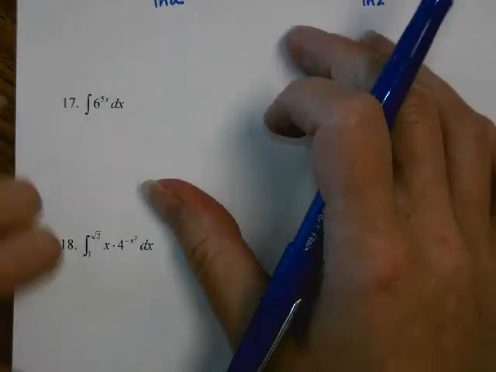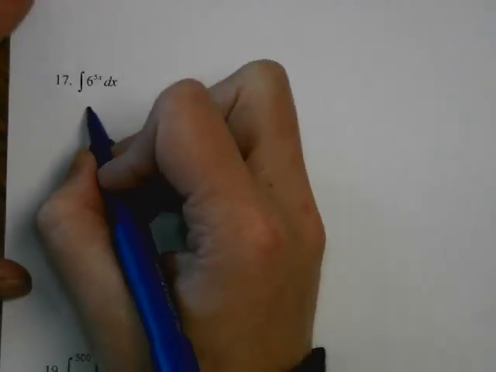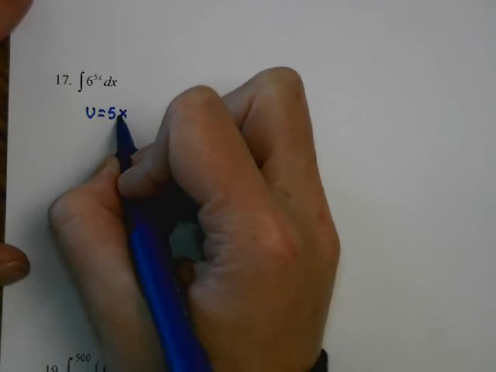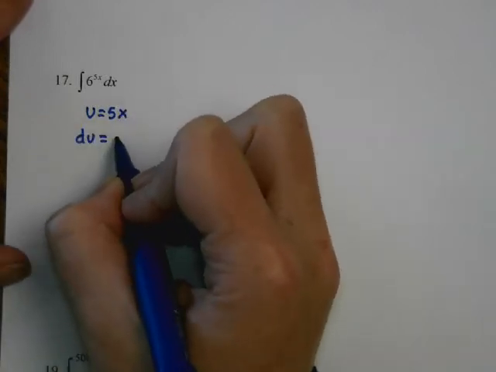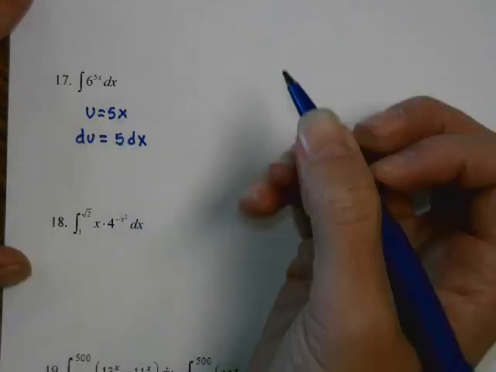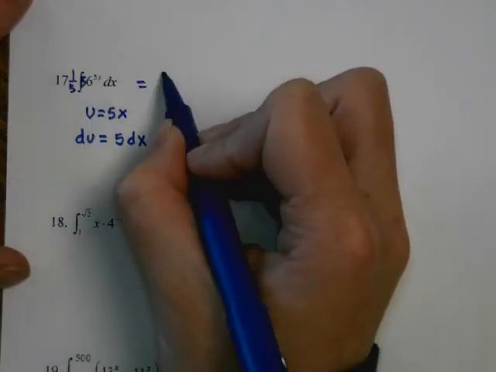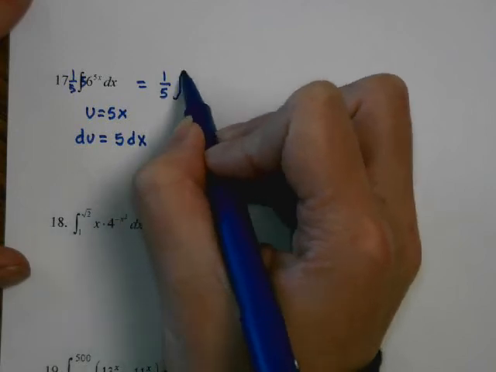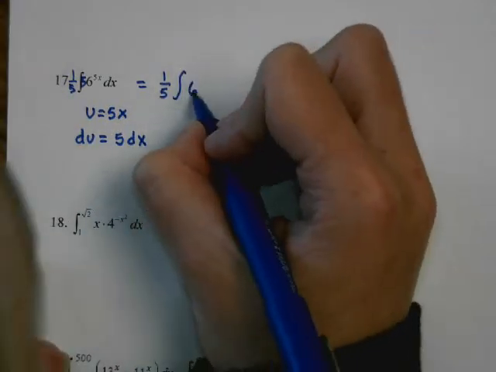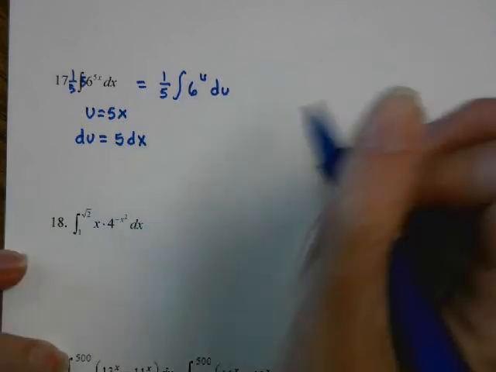Here, I'm going to go ahead and do a u substitution. Again, you don't necessarily have to if you see what's going to happen. So I need a 5 dx, which means I need a 1/5. So this is 1/5 times the integral of 6 to the u du.